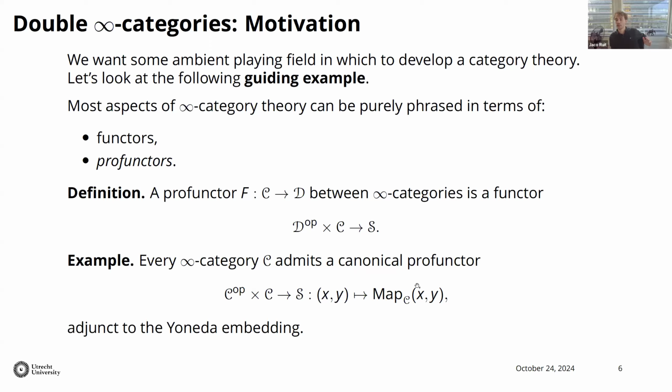In strict category theory, this would be a set of maps, but here it's a space. And you can get this profunctor by looking at a Yoneda embedding for C and then adjuncting this over to get this profunctor. So this is an important example of a profunctor.